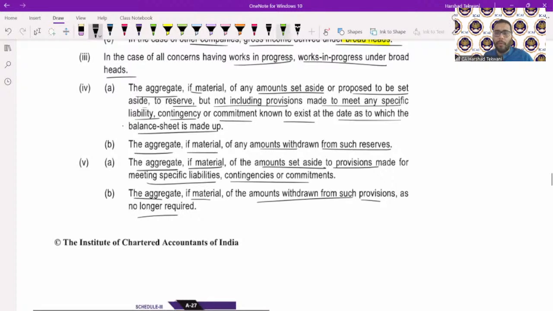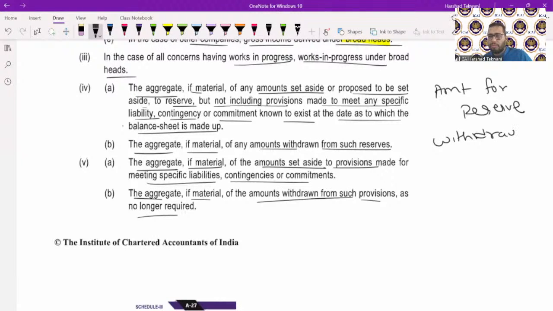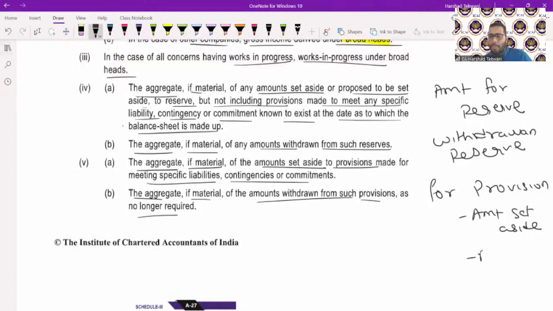So two things: amount for reserve or withdrawn from reserve. Second, for provision, same: amount set aside or amount withdrawn.